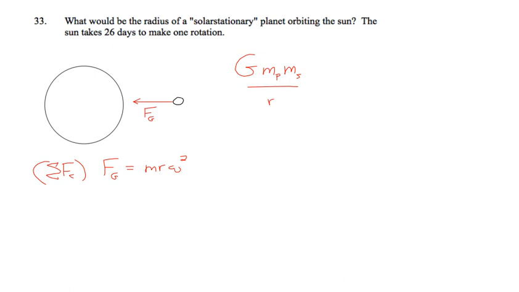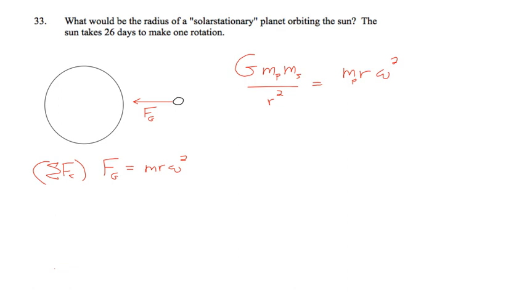You can just put m1 and m2, or a subscript for the sun, as long as you show that the mass here is different than the mass here. That's going to equal m r omega squared, and the m on the right side is going to be the mass of the planet, because that's what's orbiting. So there is your equation.